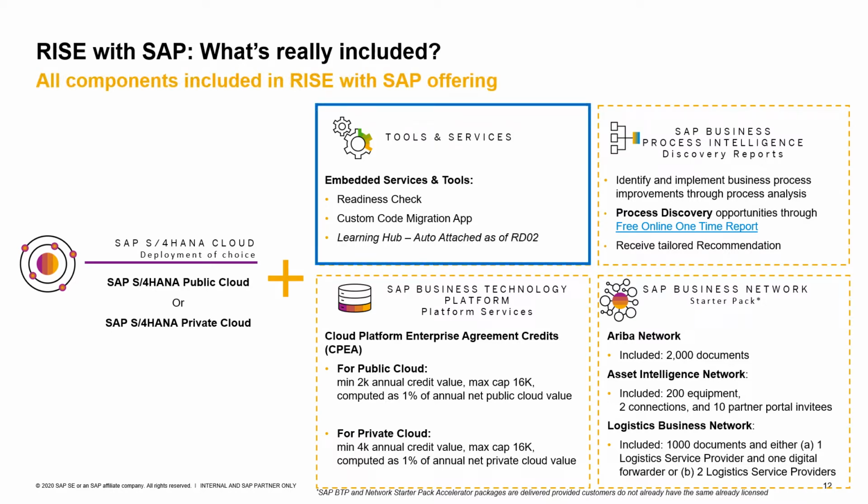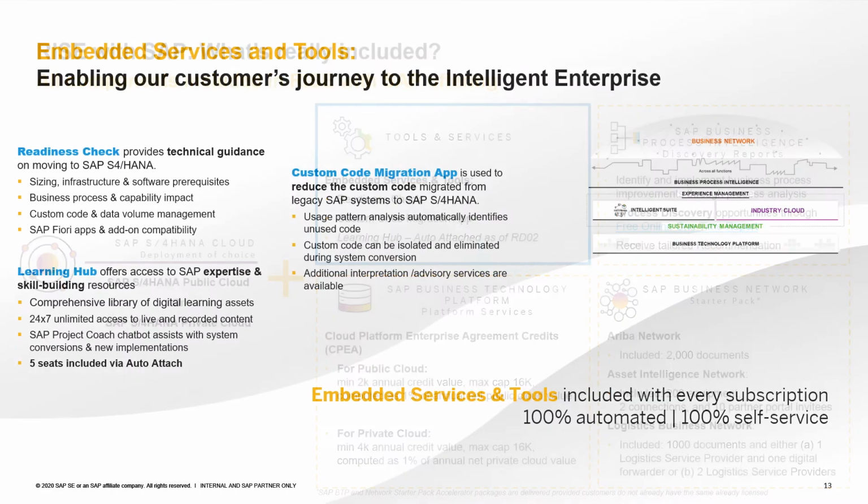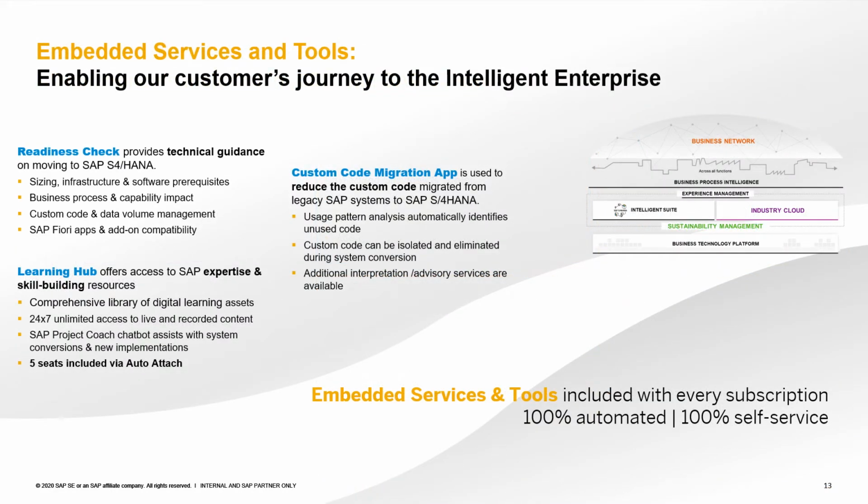Let's take a look at each one of these elements in greater detail. First off, tools and services. What's provided are embedded tools and services. This allows your customer's journey to the intelligent enterprise to be enabled. First is the readiness check. It provides technical guidance on moving to S4HANA.